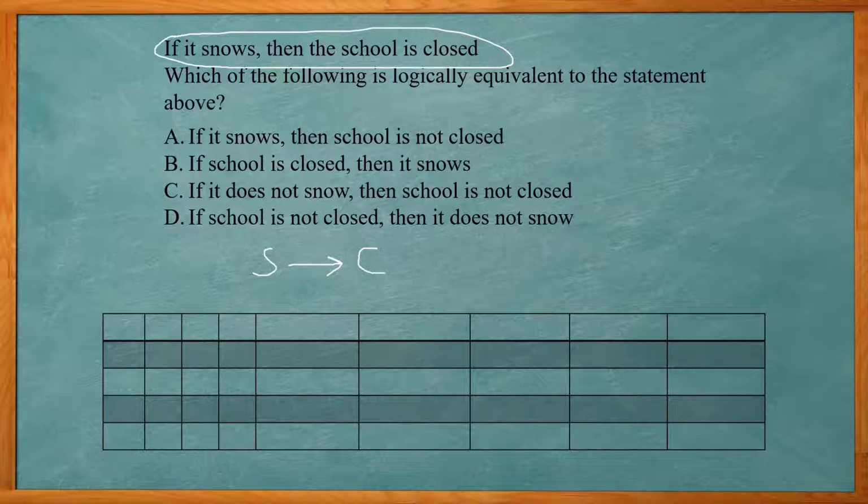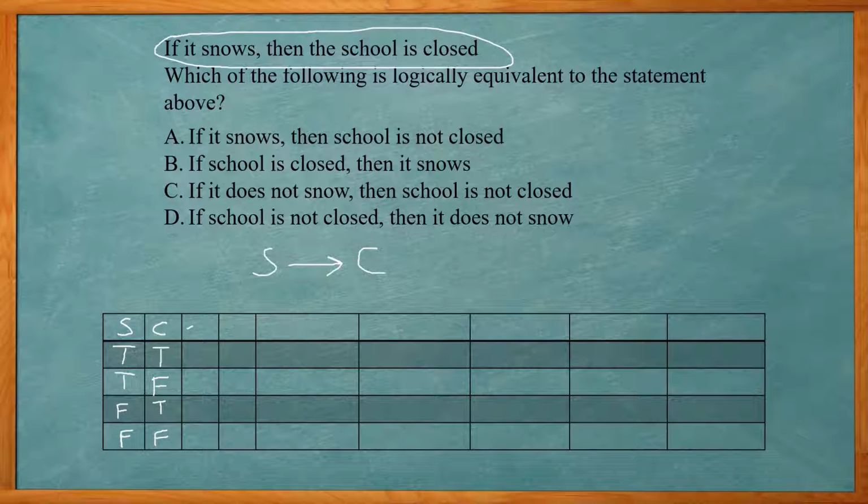Now if we build the truth table, I'm going to put S first here and C. I'm going to fill these down with true, true, false, and false. Under close, I'm going to do true, false, true, and false.